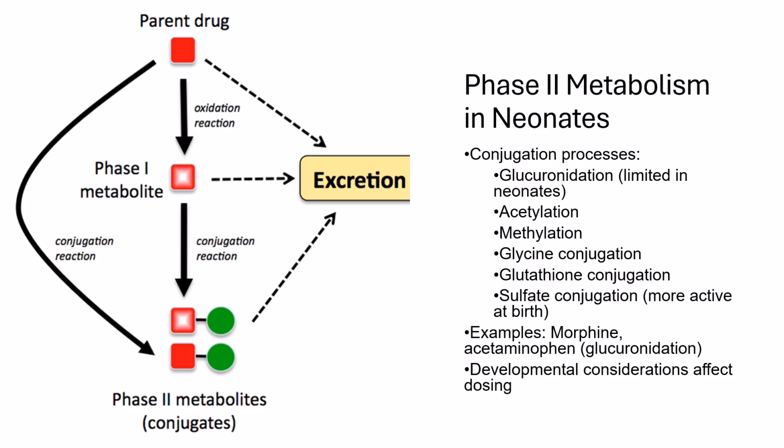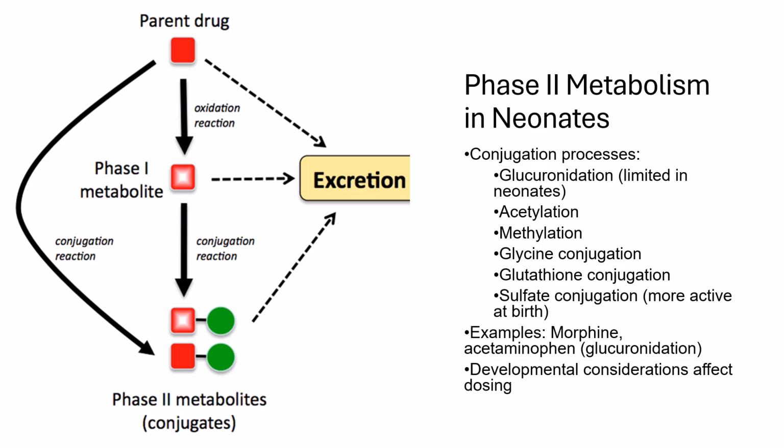Phase 2 metabolism involves conjugation processes, which are also developmentally regulated in neonates. Glucuronidation is limited in neonates. This is important because many drugs rely on this pathway. Other Phase 2 processes include acetylation, methylation, glycine conjugation, glutathione conjugation, and sulfate conjugation.